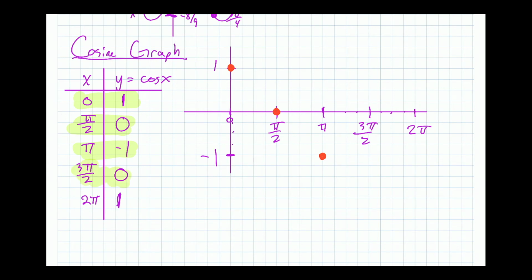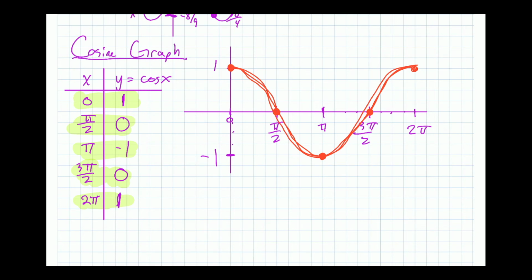Three pi over 2 comma 0. And then 2 pi comma 1. So there's your graph. When you graph this, what it looks like is this. If I scribble over it enough, it'll look neat, right? Okay, good enough. So that's what the cosine graph looks like there.